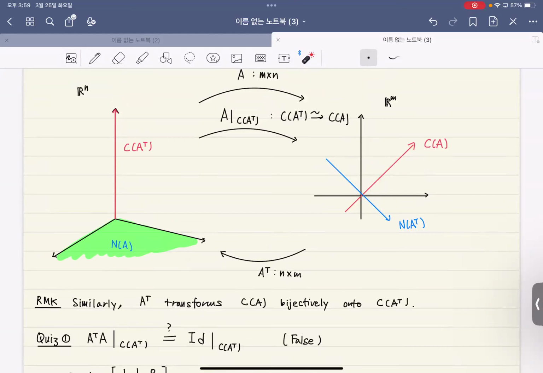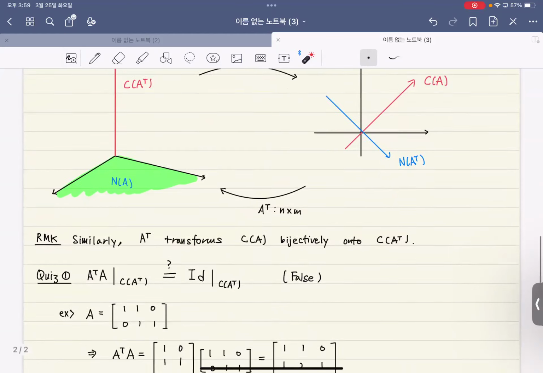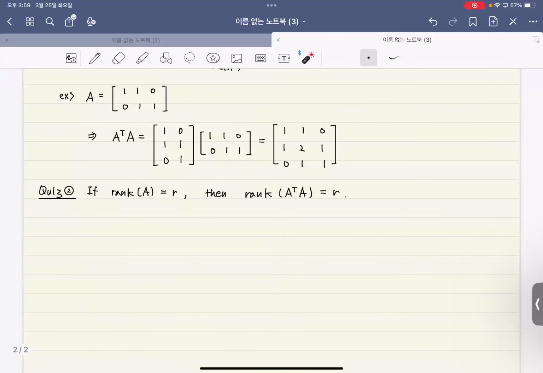Because between these red lines there is always a bijection. So if the rank of this guy is R, the rank of that guy must be R. This is my intuitive, cartoon-based proof of this. Sorry about this, but I can give you the formal proof next time.